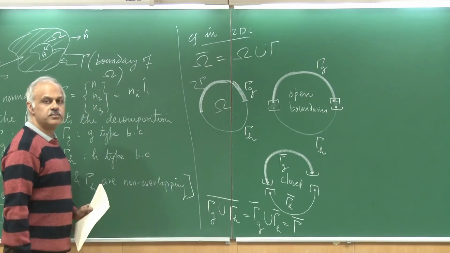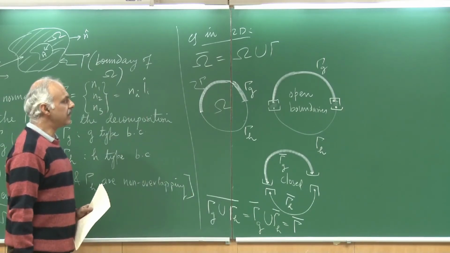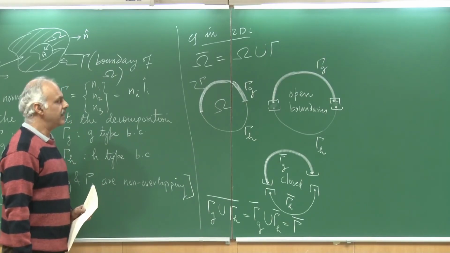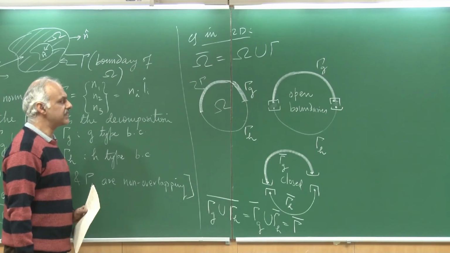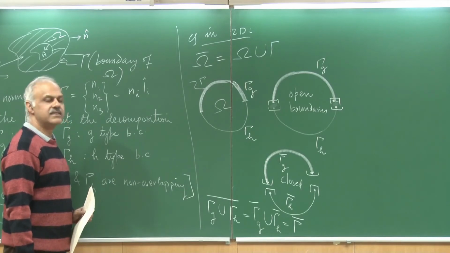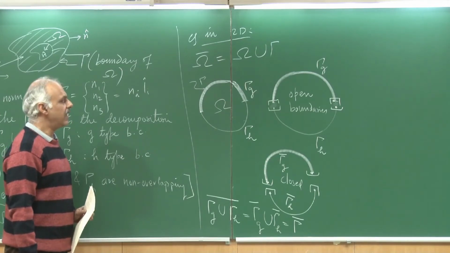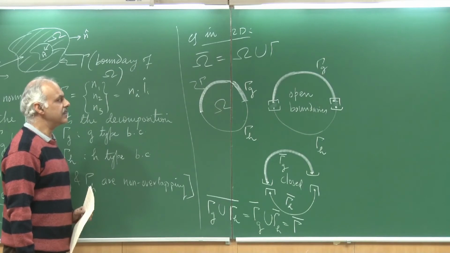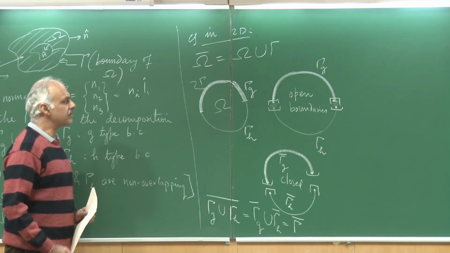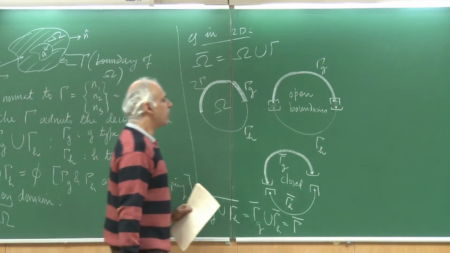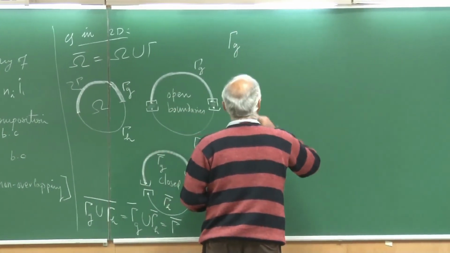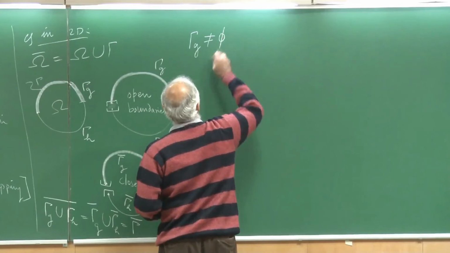We are going to assume that there will at least be some point that lies on gamma g, and that makes sense because if I, let us say, look at the one dimensional problem that we have considered so far, it is a second order differential equation, and if I do not specify u anywhere at all, then that would be an ill conditioned problem. So, we are going to assume that gamma g is not a null set.